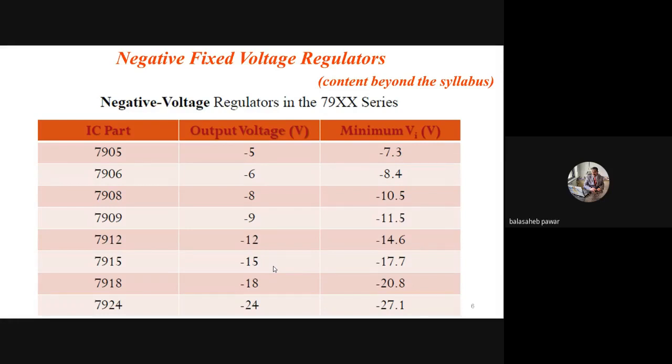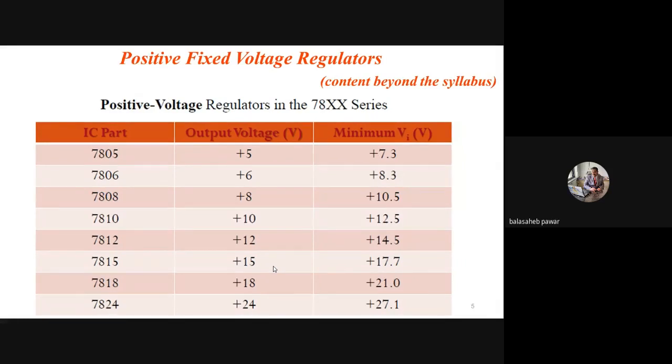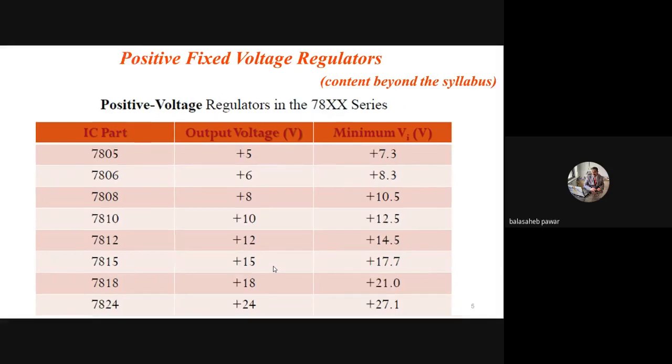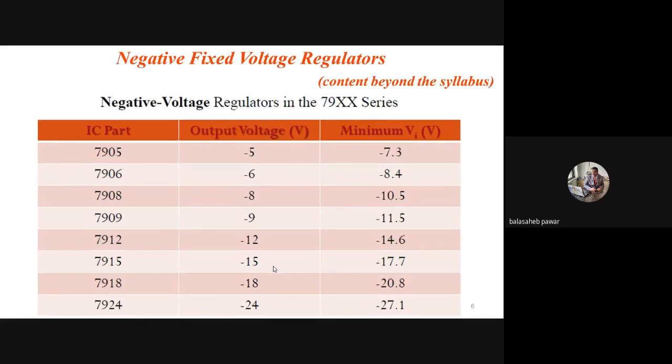Okay. Now we have discussed the minimum input voltage requirement for all these ICs, for the 78 series as well as the 79 series. But what about the maximum input? At your end, just note down V in max unregulated, plus or minus: plus is required for a positive voltage regulator and minus for a negative voltage regulator.